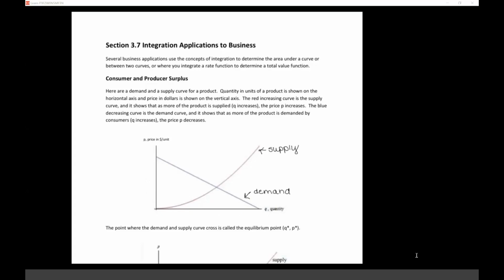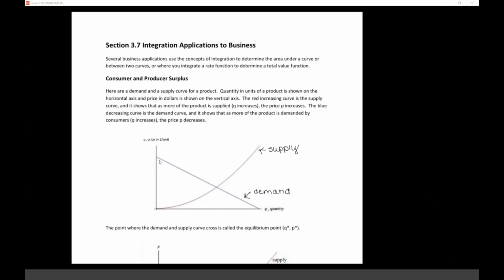Now, I'm going to put a little statement in the chat about supply and demand. Basically, the idea of supply and demand is a relationship between the price of a given good or product and people's willingness to either buy it or sell it.